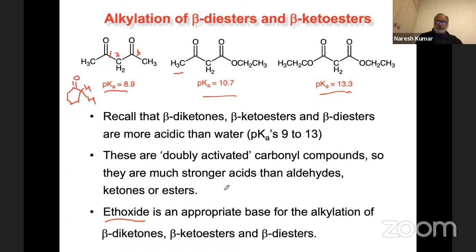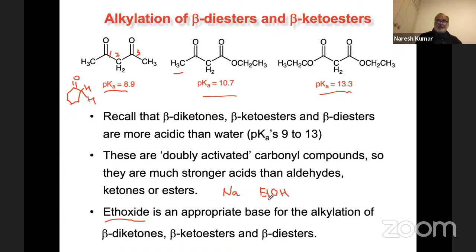By the way, if you don't know how we get sodium ethoxide, it is very easy to make in the lab. We take sodium metal and we react the sodium metal with ethanol. The ethanol has to be dry, absolute ethanol in this reaction, because you don't want water present in your ethanol if you're adding sodium, because sodium reacts very violently with water.